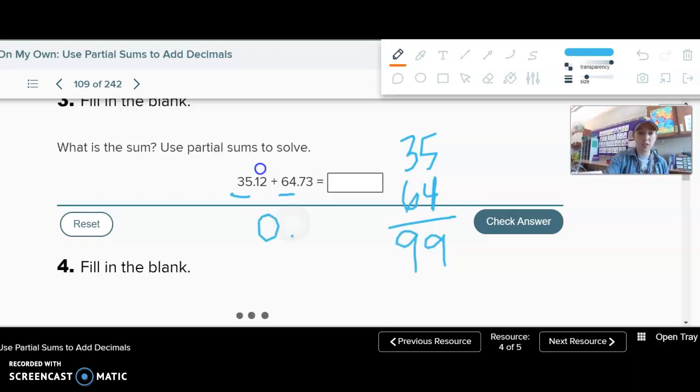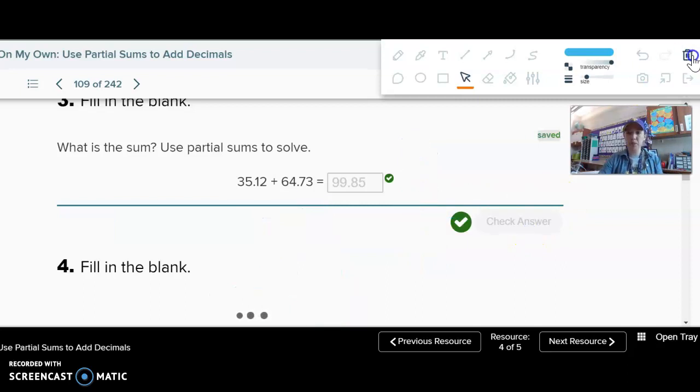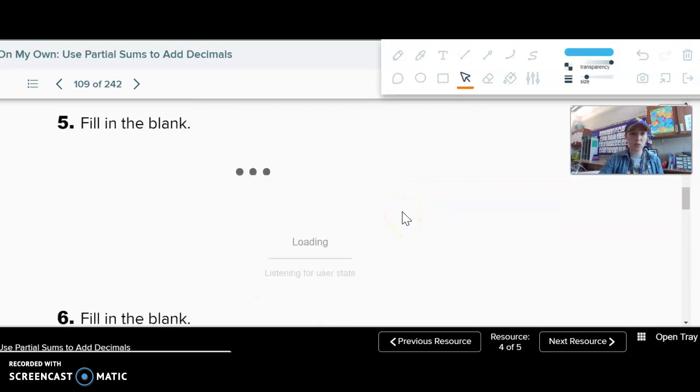And then if I have 12/100 plus 73/100, that's 85/100. So then I know I can put my whole number 99 with my 85/100. I get 99 and 85/100. All right. So again, different ways to solve it.